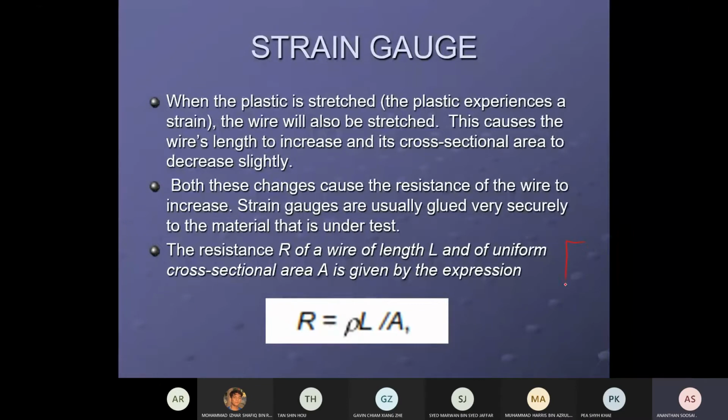In a potential divider method, you have one fixed resistor and the other one is the strain gauge. When this resistance goes up, the voltage across the strain gauge will increase. Big resistance, big voltage.